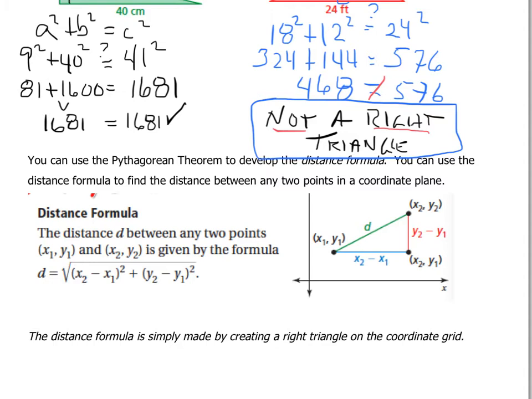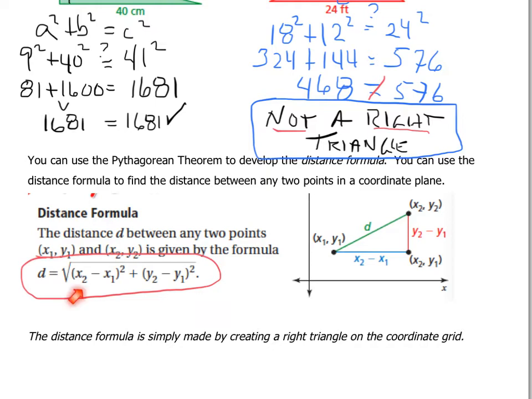So next we want to talk about the distance formula. The distance formula is basically coming from the Pythagorean theorem, just worked in a different way. It is a crazy looking formula. It's right down here. The distance, which is our d value, is the square root of this whole entire expression.